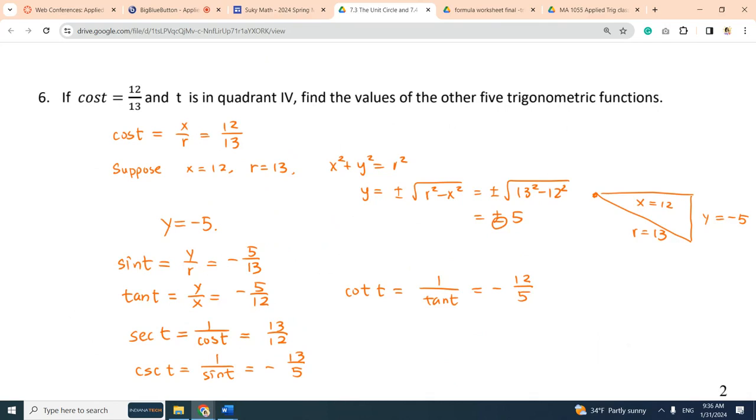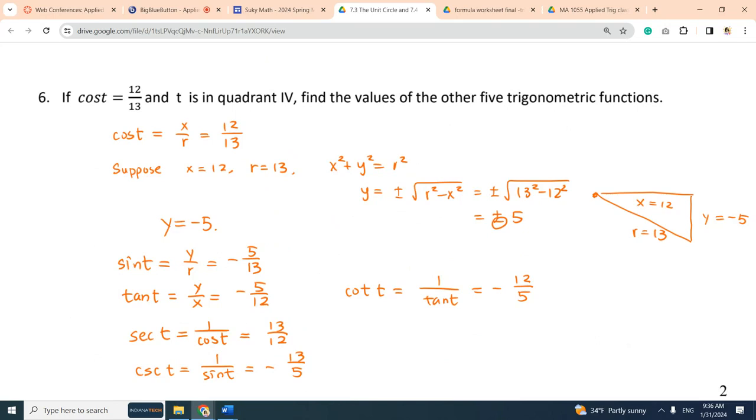This is x, that's the y. We're in quadrant 4, right? Cosine t. By the way, the angle, you can call it theta, t, x, alpha, or beta. Cosine t is x over r, and now it's 12 over 13. So by comparison, we can let x be 12 and r be 13.